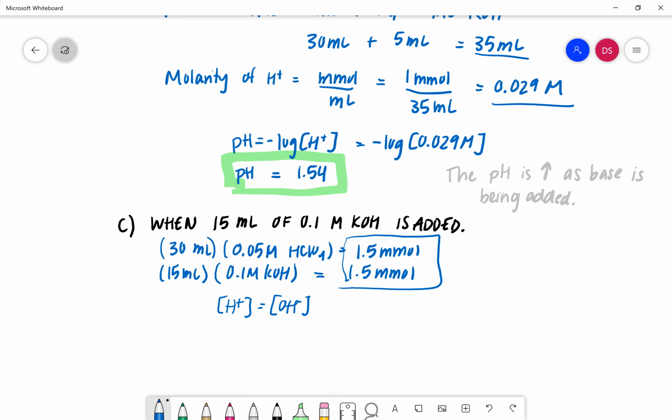What this tells us is that this is the equivalence point, because they are the same. And I want you to know that for a strong acid and strong base titration, the pH at the equivalence point is always 7.